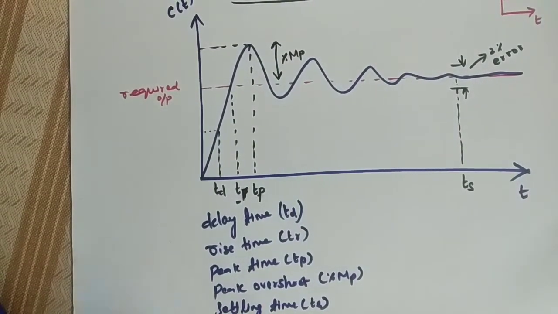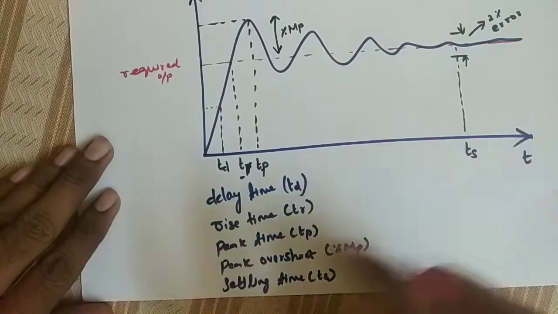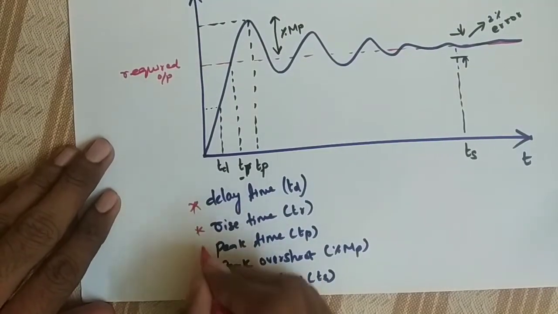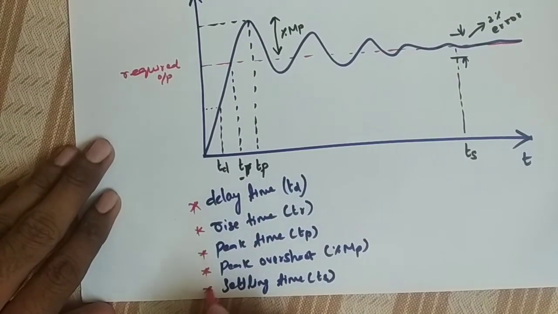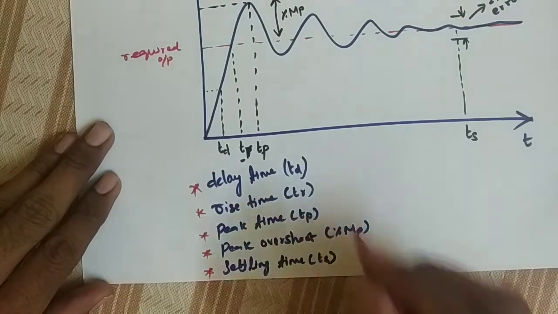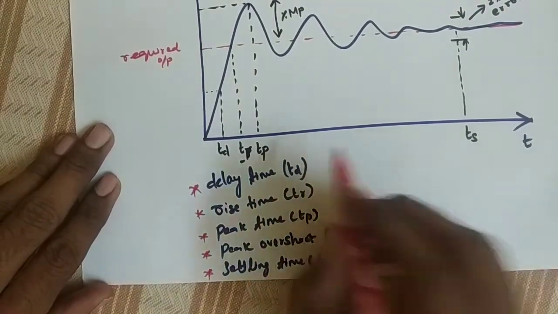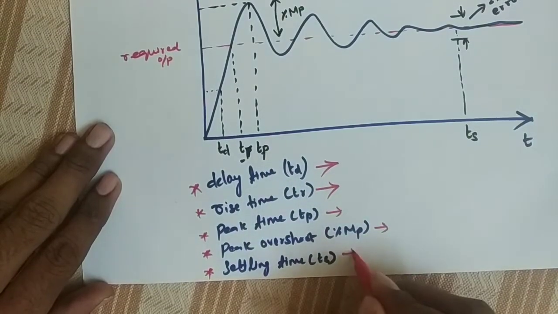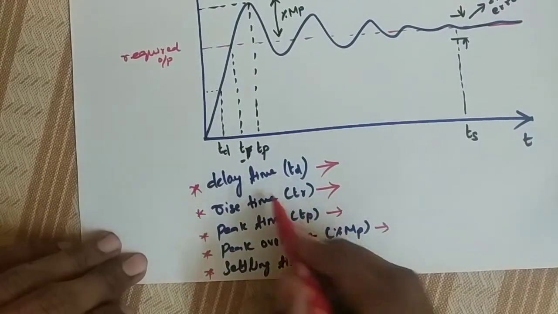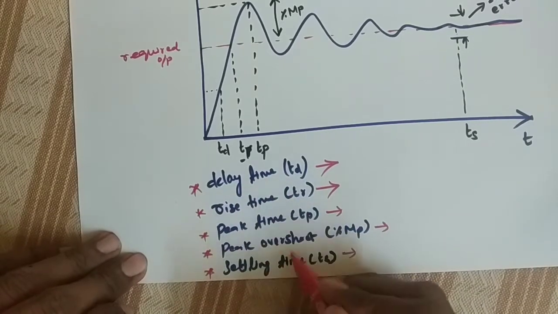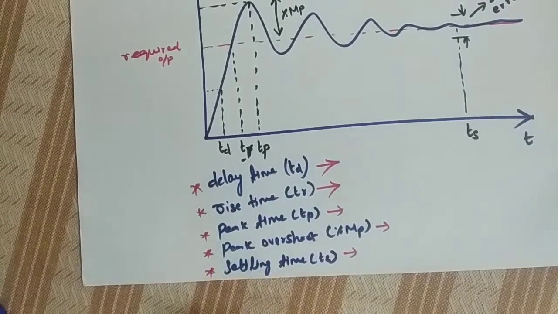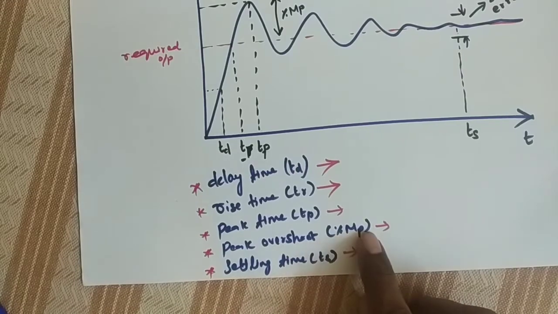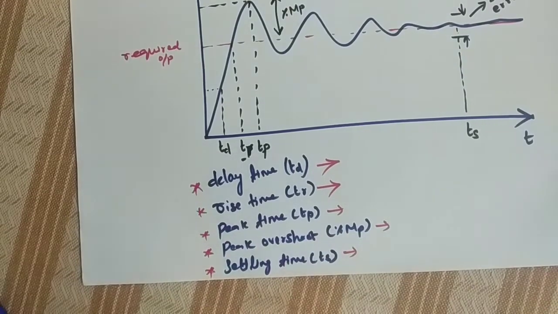So these five parameters are commonly called time domain specifications. These four parameters are time related parameters. The peak overshoot is an amplitude related parameter.